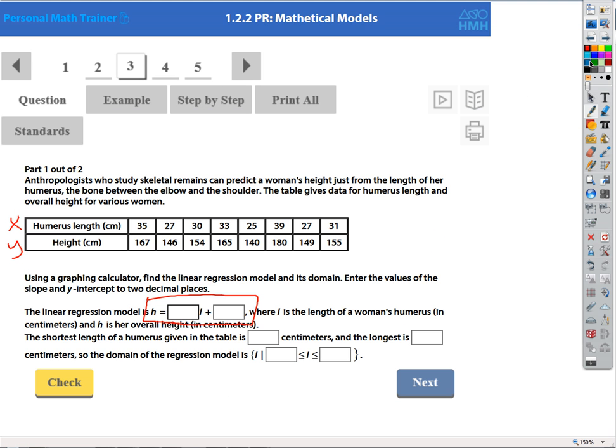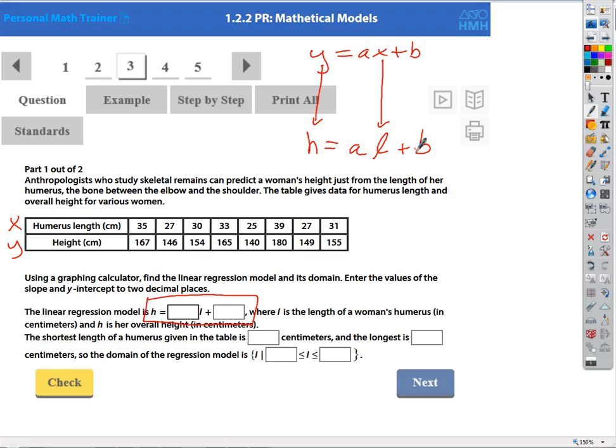For our problem, we have to go from y equals ax plus b to our situation. Well, our situation is h equals, because y becomes h, blank, which we'll call a, times, instead of x, what do we have? L plus b, right?